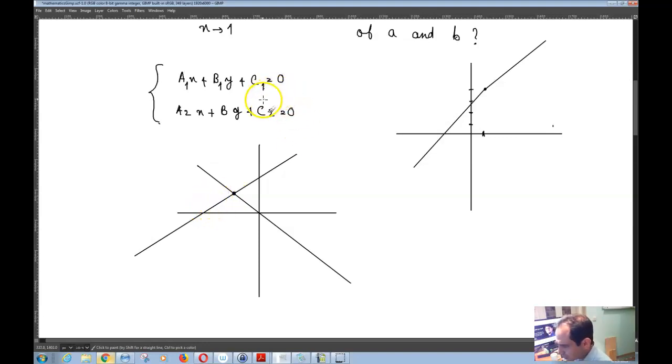So you can calculate the point of intersection by forming a system of linear equations with two variables and solving for the point of intersection.